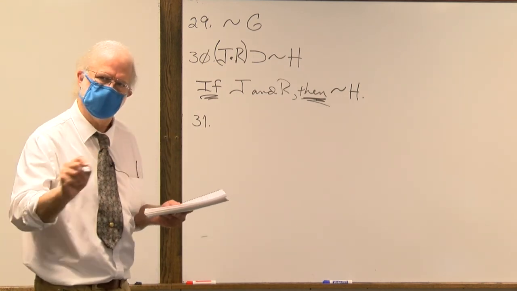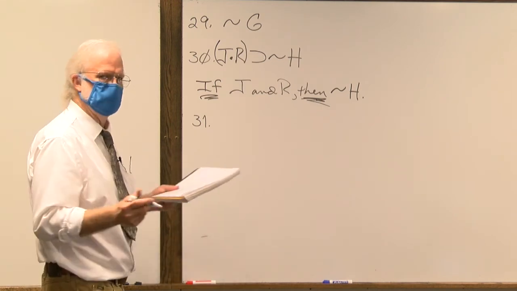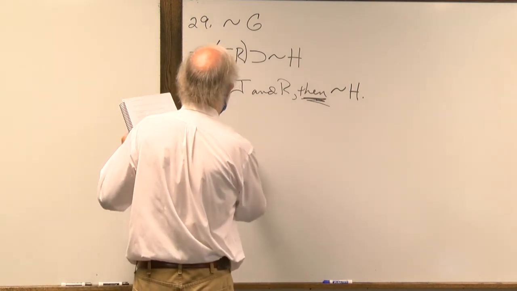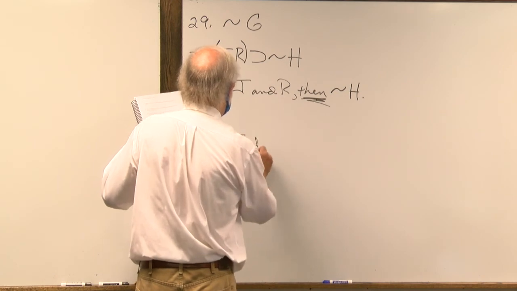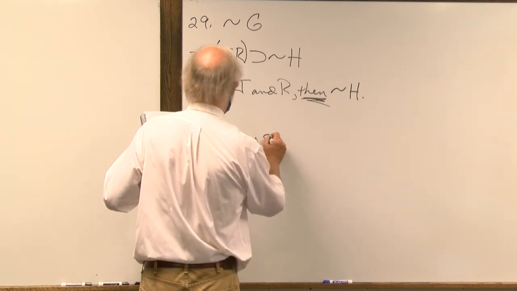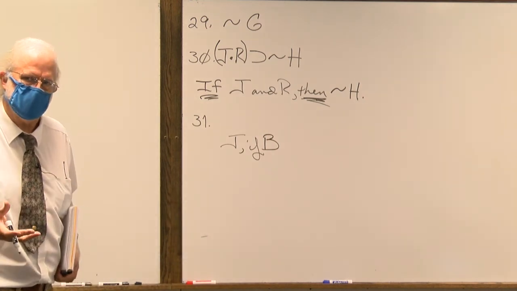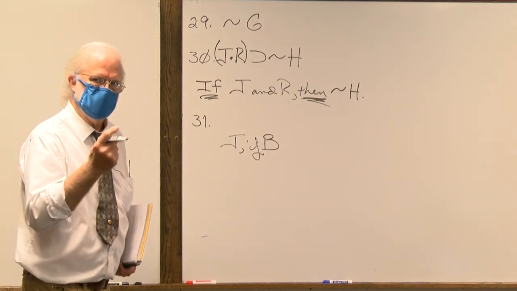We can use the strike-through method, and what we would find here is that we would have J if B. J if B. What does that mean?